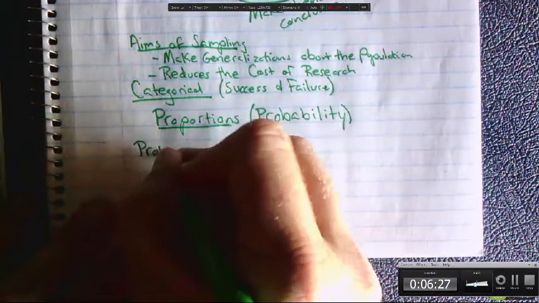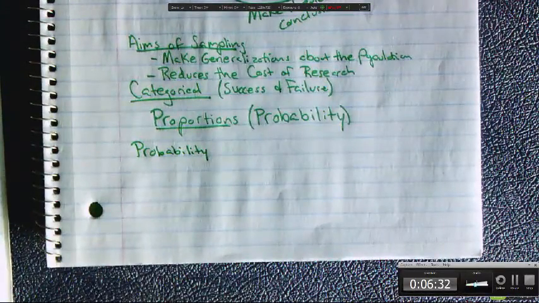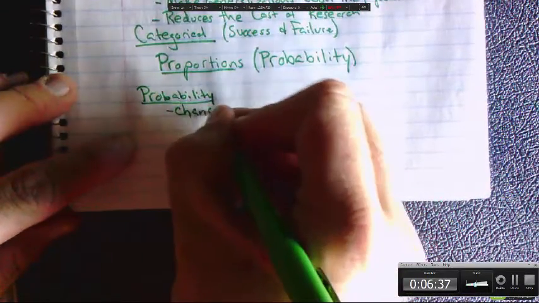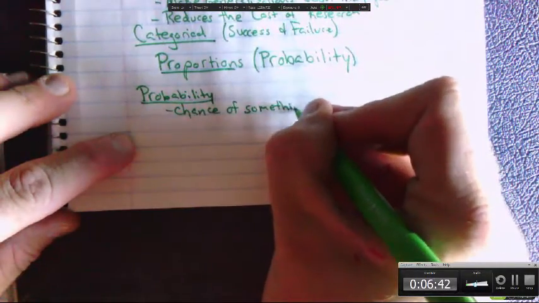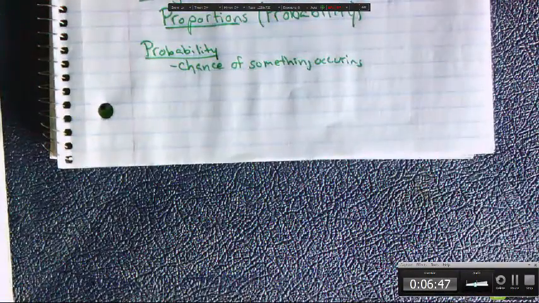The probability. So let's just do a real quick recap of probability. Probability is the chance of something occurring, and we can write it like this.